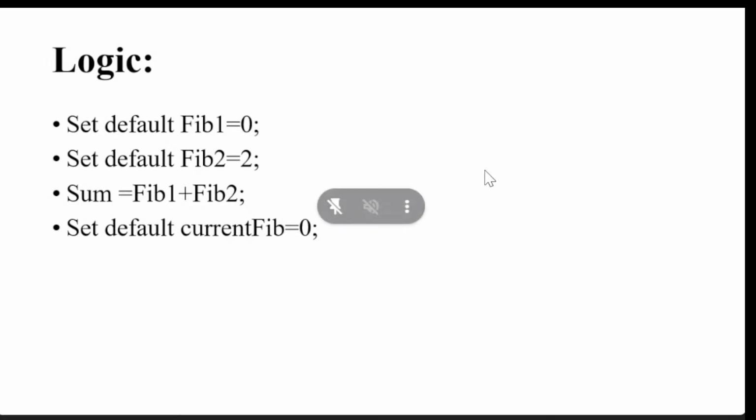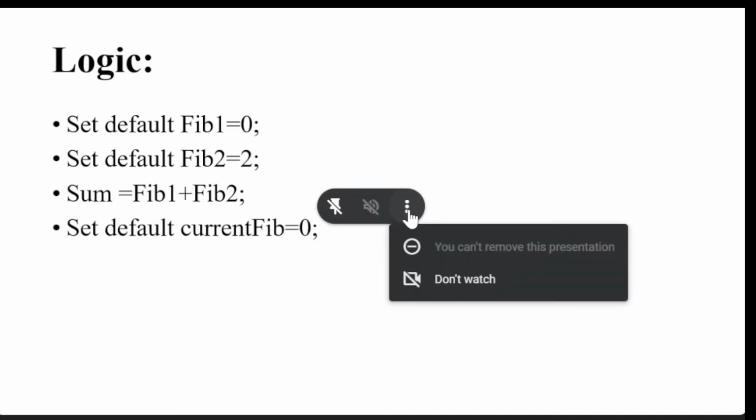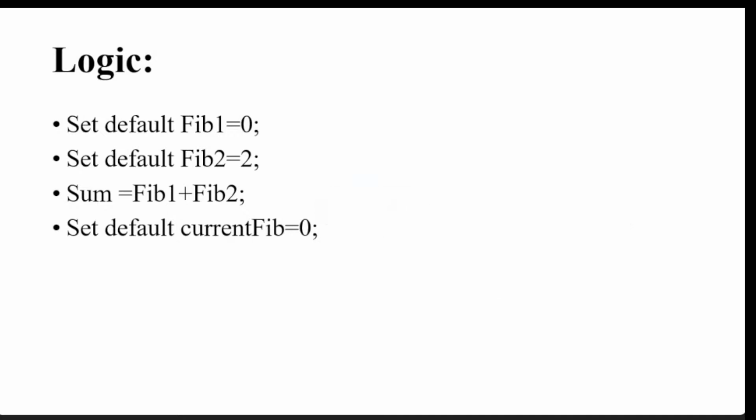Then we see a function like sum is equal to fib1 plus fib2. So here we have to sum the starting two even Fibonacci numbers. We also have a variable named current fib, which is for calculating the next terms according to the nth term. Now let's move on to the actual logic.